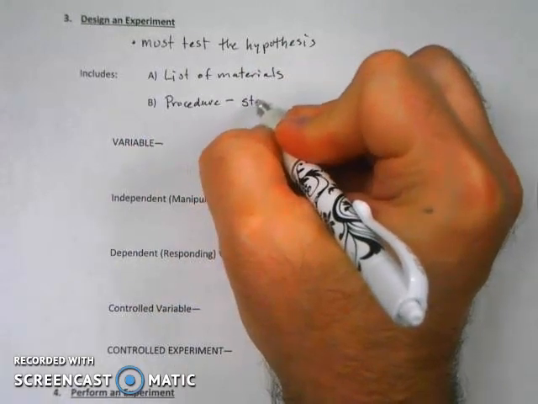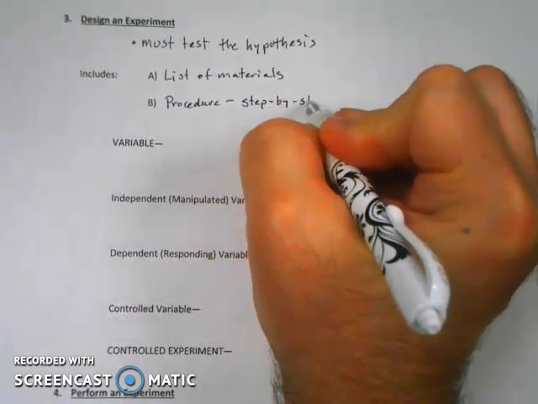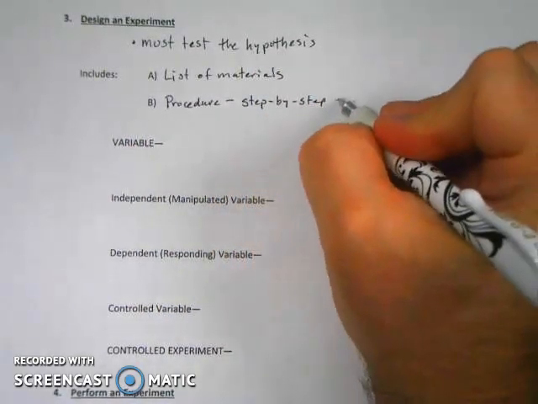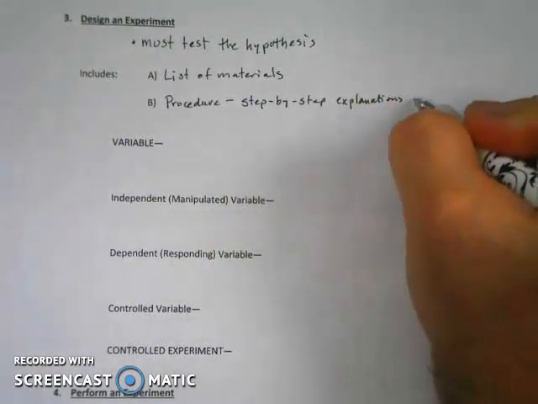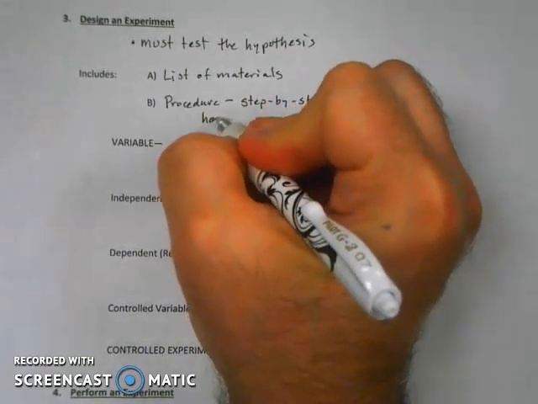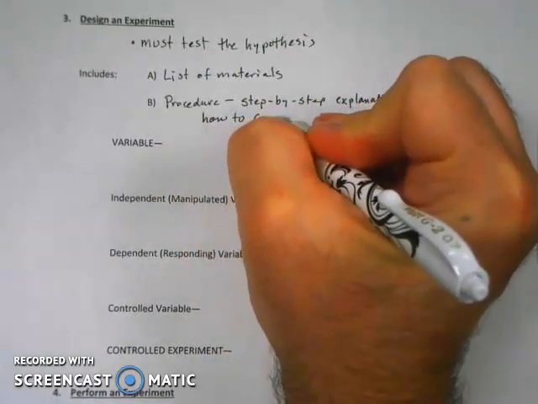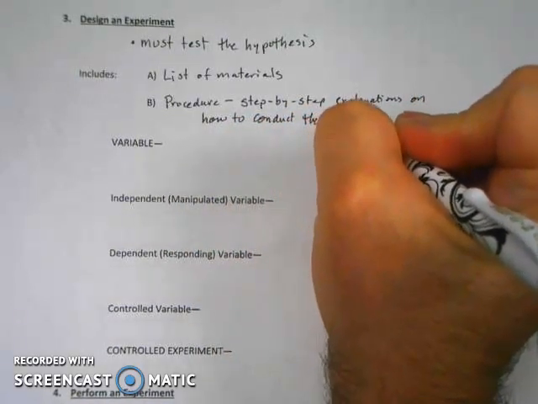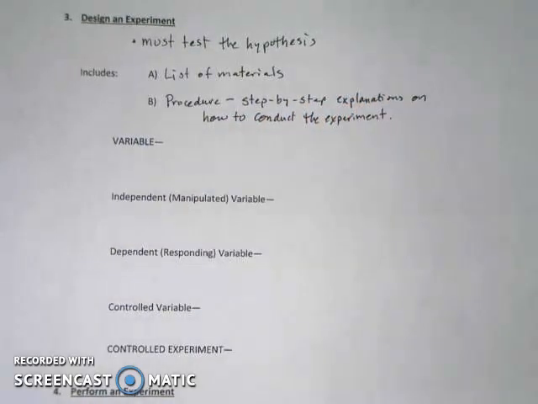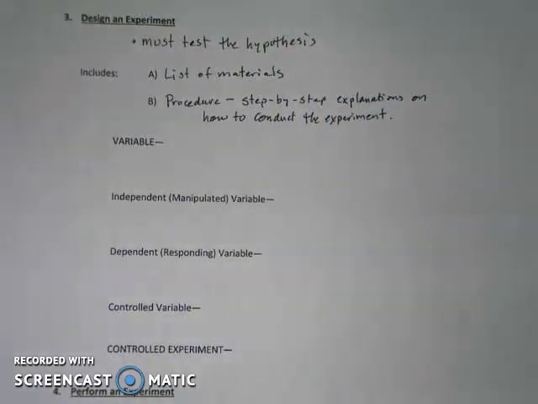So a procedure is just step-by-step explanations on how to conduct the experiment. So it's almost like a recipe that you would follow. Do this using these materials, do this, do this, do this, collect this data, and then follow that procedure.